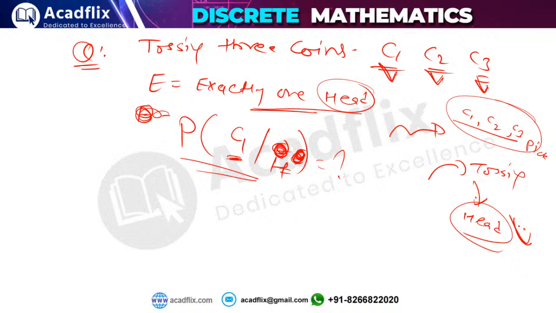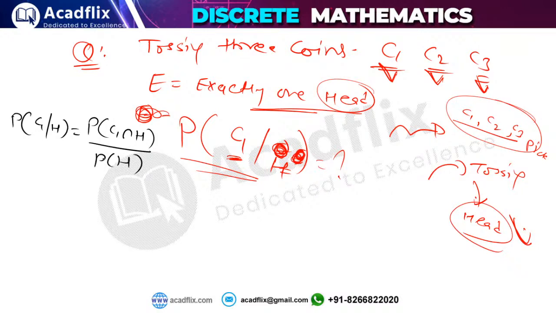Again here we will solve it very easily. He is asking what is the probability of C1 given H. This is nothing but probability of C1 intersection H divided by probability of H.